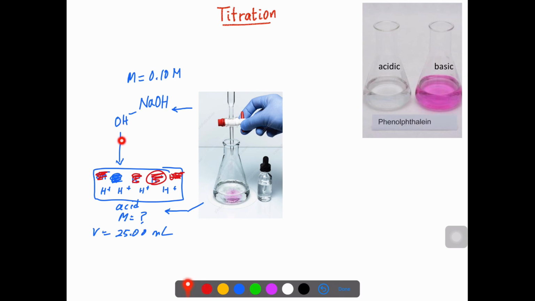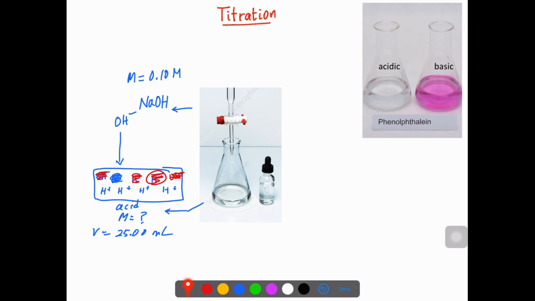So as long as there is acid still in the conical flask, the solution will be colorless, because phenolphthalein in an acidic medium is colorless.